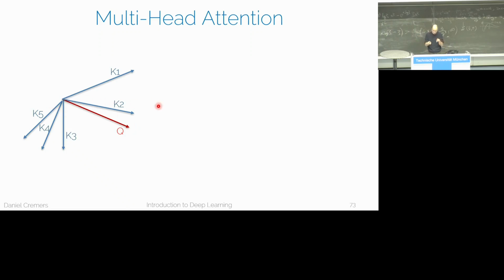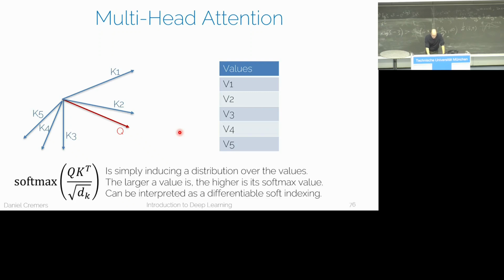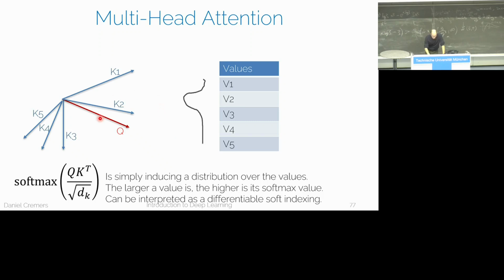Then the two vectors are most closely aligned if they match, right? And so then the dot product will be very large. So, for example, in this case, you might have a dot product where for this query, the dot product with K2 is very large, right? So as a probability distribution, you would have something that normalizes to 1. So the area under this curve would be 1, but the peak would be around 2. And the other ones are less important, right?